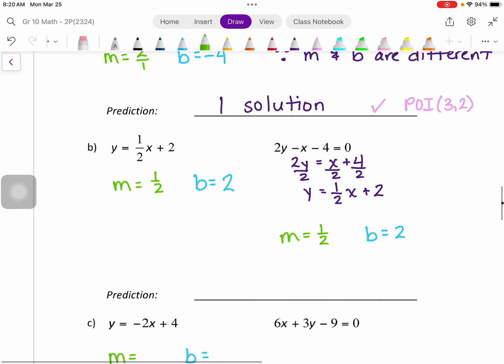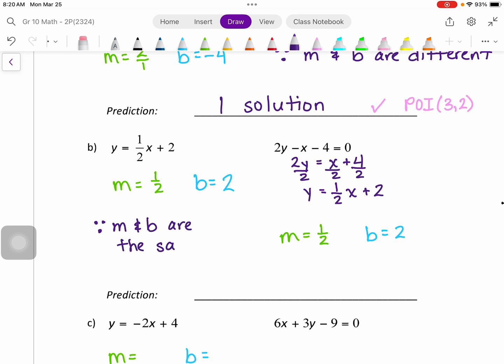So let's compare. I have the same slope and the same y-intercept. So that means these are the exact same linear relation. The lines are going to run exactly on top of one another. So I am predicting that since m and b are the same, I have an infinite number of solutions.